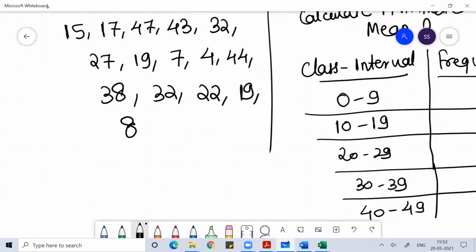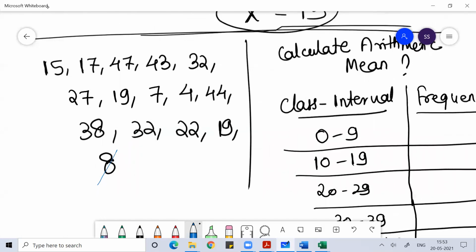So between 0 to 9, how many observations came? 1, 2, 3. There are 3 observations between 0 to 9. Frequency basically means how many data points repeated in that range. So the frequency of 0 to 9 is 3.